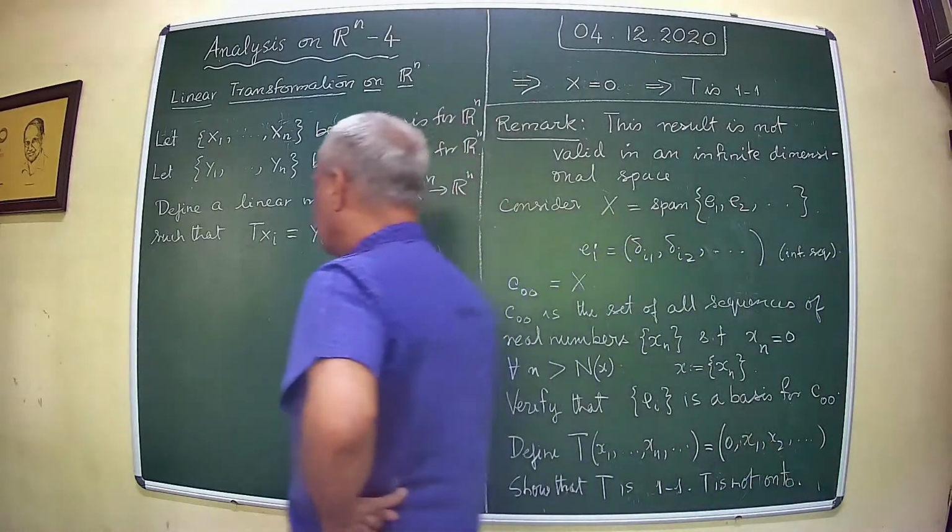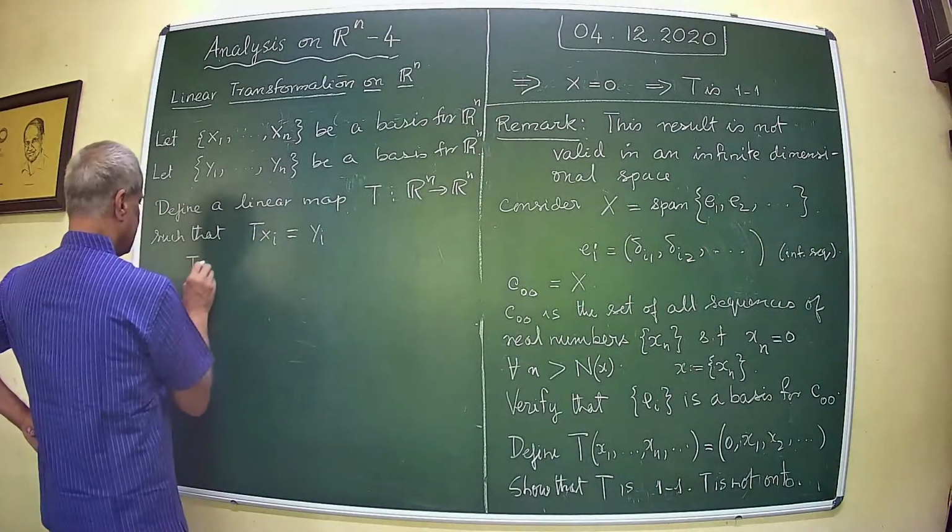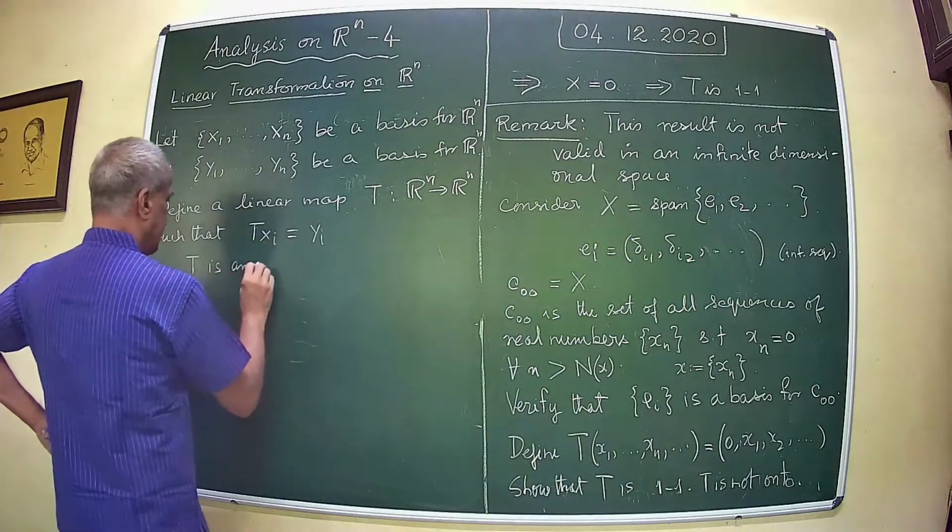Then you know that T is 1 to 1, onto, an isomorphism.